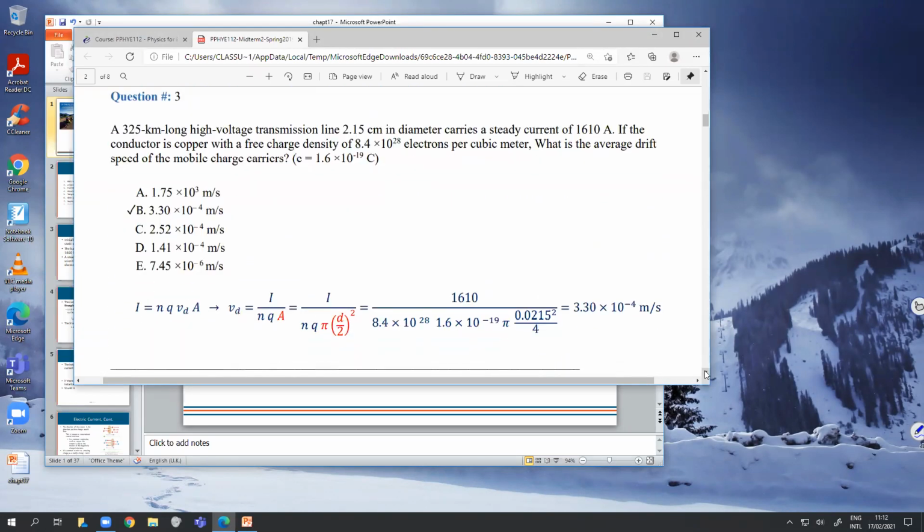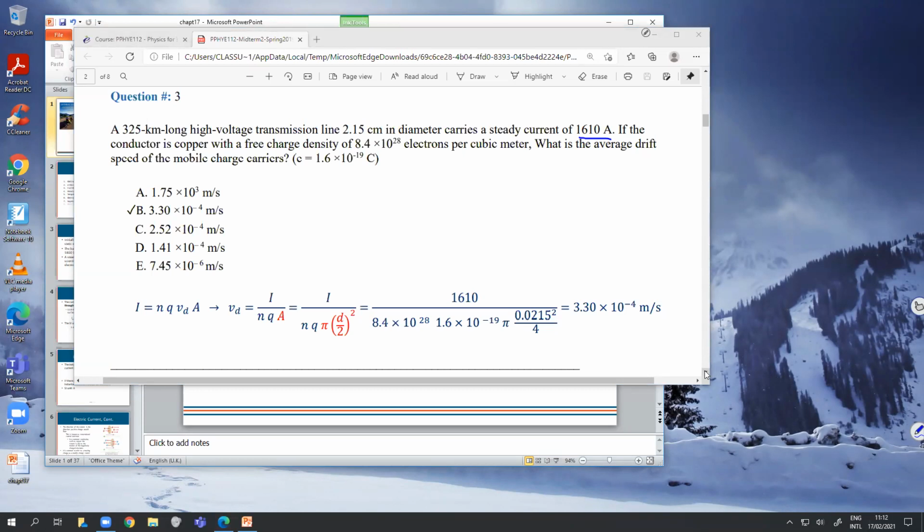Question number 3. Okay, now we have a question testing this concept in the next section, so we are covering all sections in the chapter. A 325 kilometer long high voltage transmission line, which is 2.15 centimeters in diameter, carries a steady current of 1610 amperes.